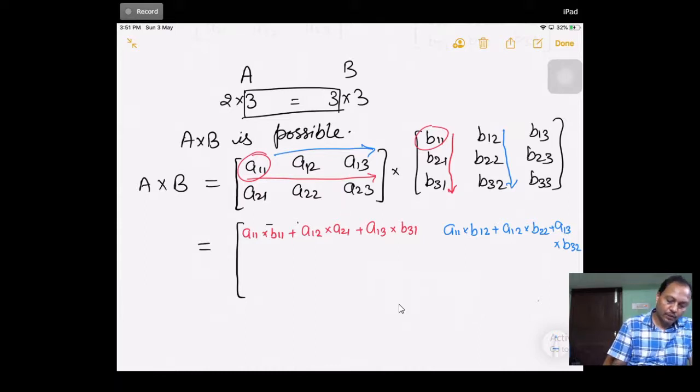Now the first row is multiplied with the third column, but because we do not have space here, we shall take another example with some numbers to clarify this.